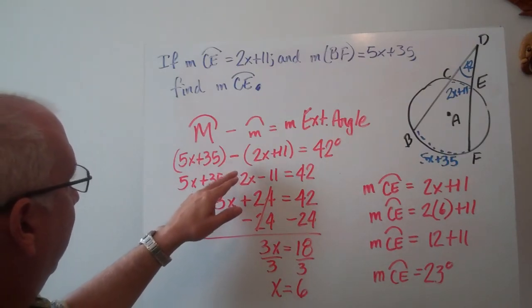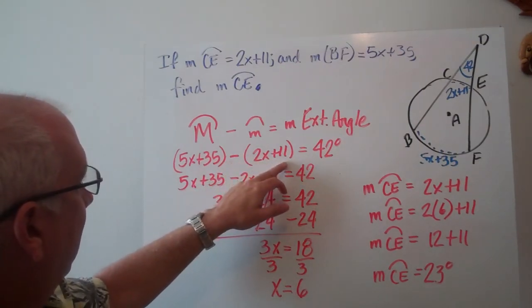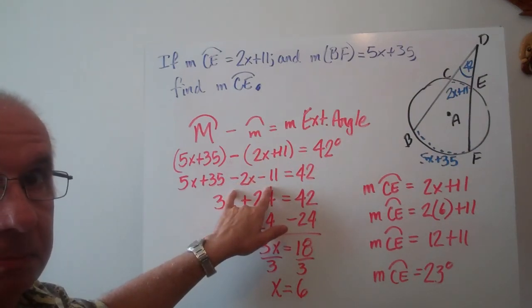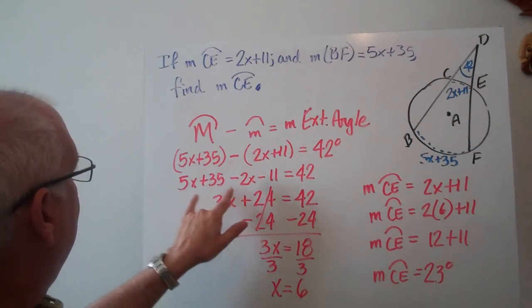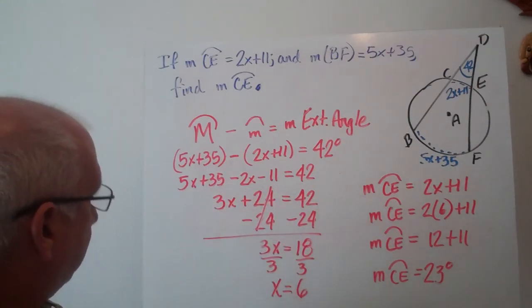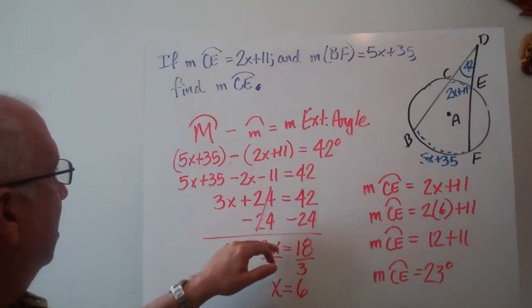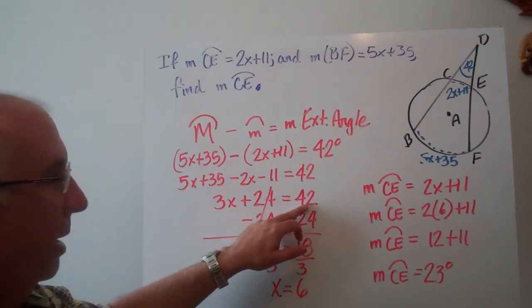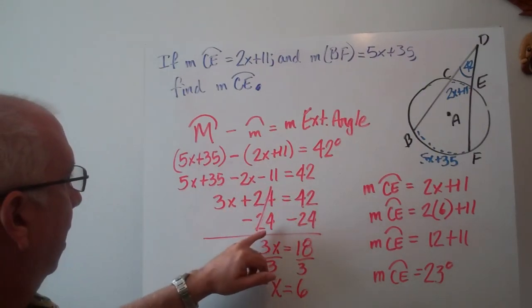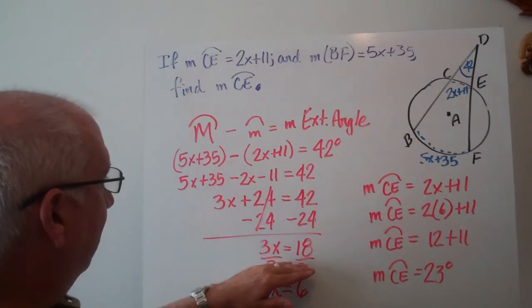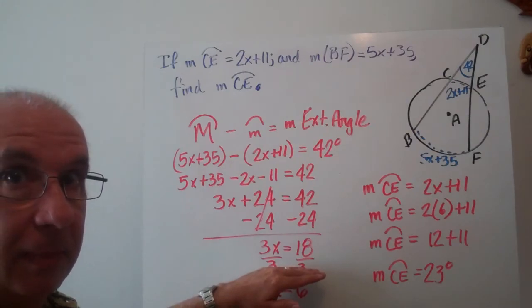Next step, simplify. We have to multiply negative 1 times everything inside, which gives us this. Then we combine like terms, so 5x minus 2x is 3x, 35 minus 11 is 24, and that's equal to 42. Subtract 24 from both sides, leaving me with 3x is equal to 18.